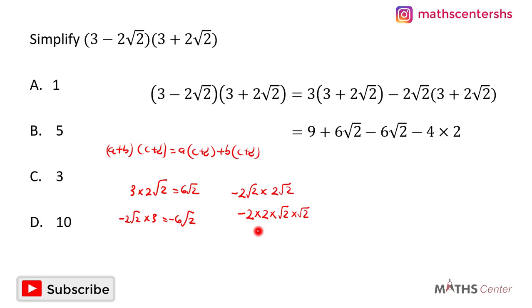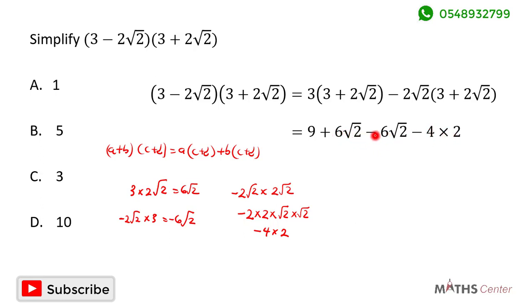Negative 2 times 2 gives us negative 4. Square root of 2 times square root of 2 gives us 2. So we have negative 4 times 2. And so we now have 9 plus 6 root 2 minus 6 root 2 minus 4 times 2.